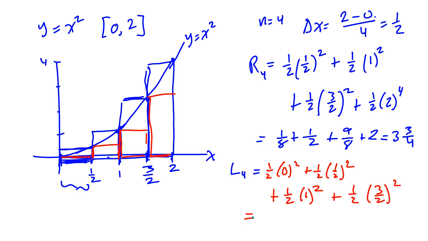And so now I've got 0 plus, that's an eighth again, and this is a half, and this is 9/8. So that would be 10/8, plus that would be 14/8, which would be 7/4, which would be 1 3/4.